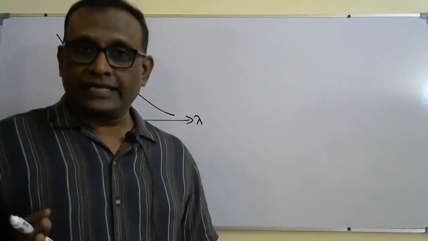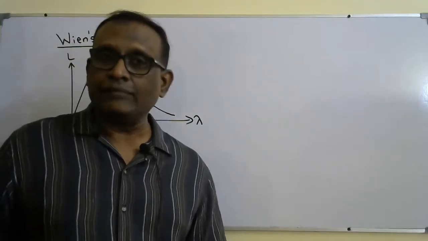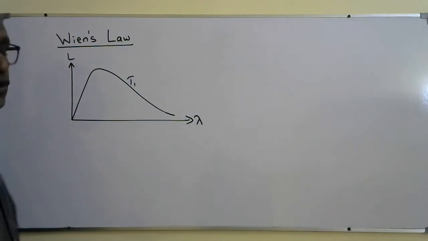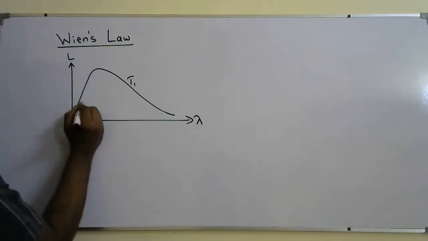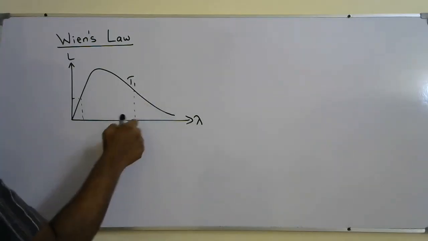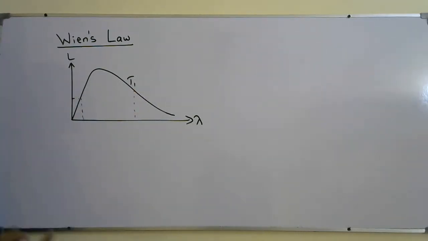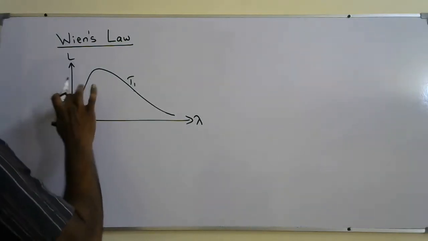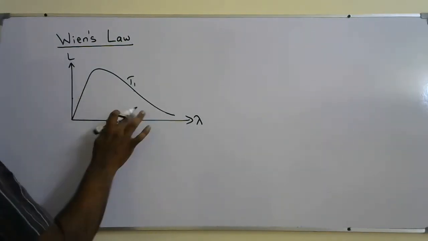All those wavelengths won't have the same luminosity. Different wavelengths will have different luminosity. This particular wavelength will have this particular luminosity, and this wavelength will have some other luminosity.